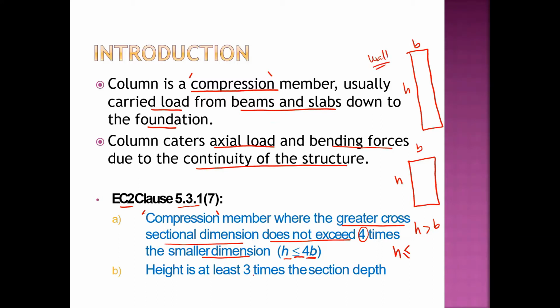And then the height of the column must be at least 3 times the section depth. Let's say this is the depth of the section, and the height must be greater than 3H.